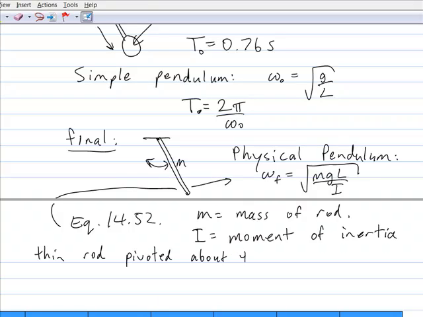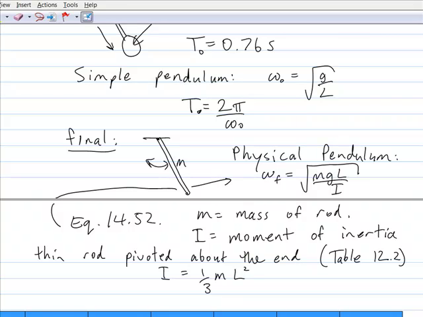if we look back on the table, Table 12.2, we see that I is equal to a third M times L squared, where L is the length of that rod. Oops, I said a third, but I wrote a half. A third. Better.